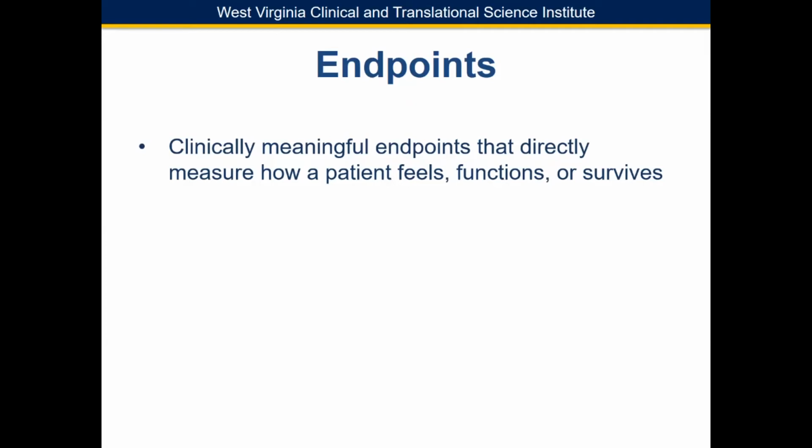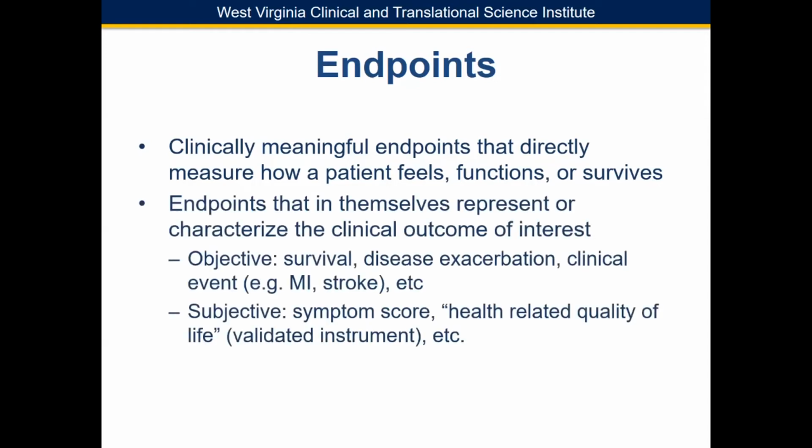So clinically meaningful endpoints directly measure how a patient feels, functions, or survives. The other thing is endpoints that in themselves represent or characterize the clinical outcome of interest. So my objective, is it survival?